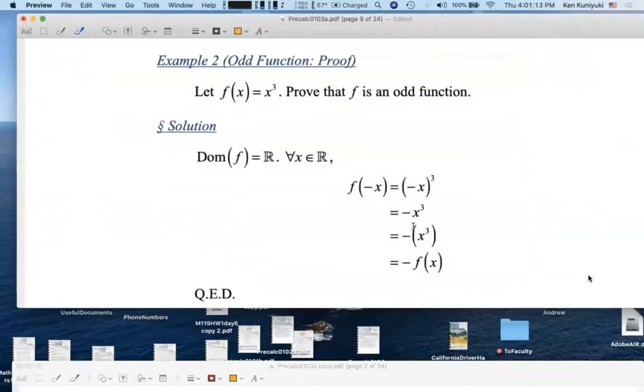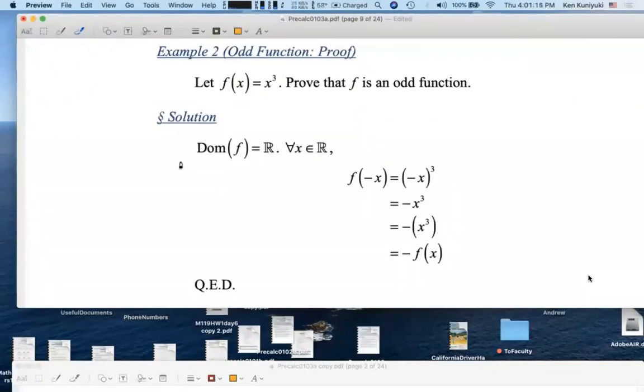Here's a proof. Let f(x) be x cubed, where the domain is all reals. For all x in the reals, again, for odd functions and even functions, we want to look at f(-x). And what's the key S word here? Substitution.